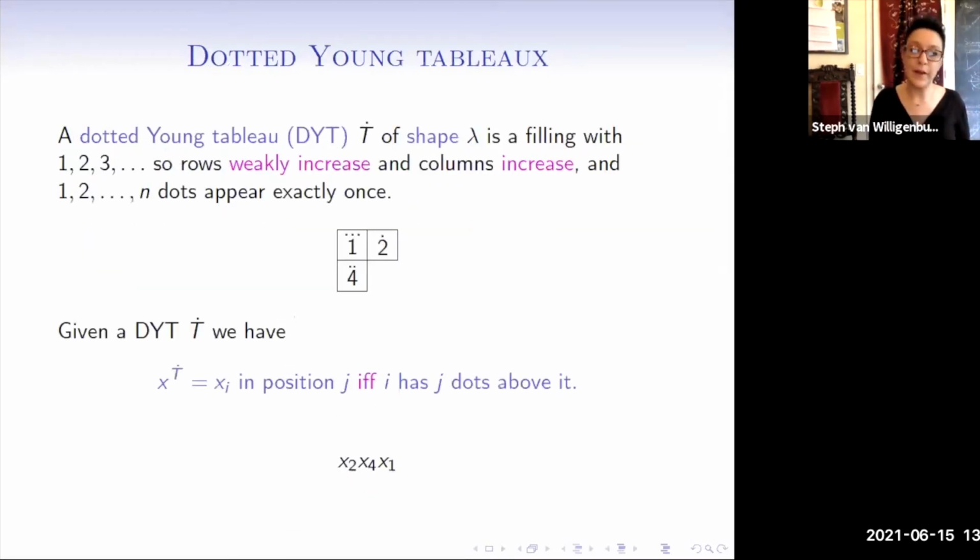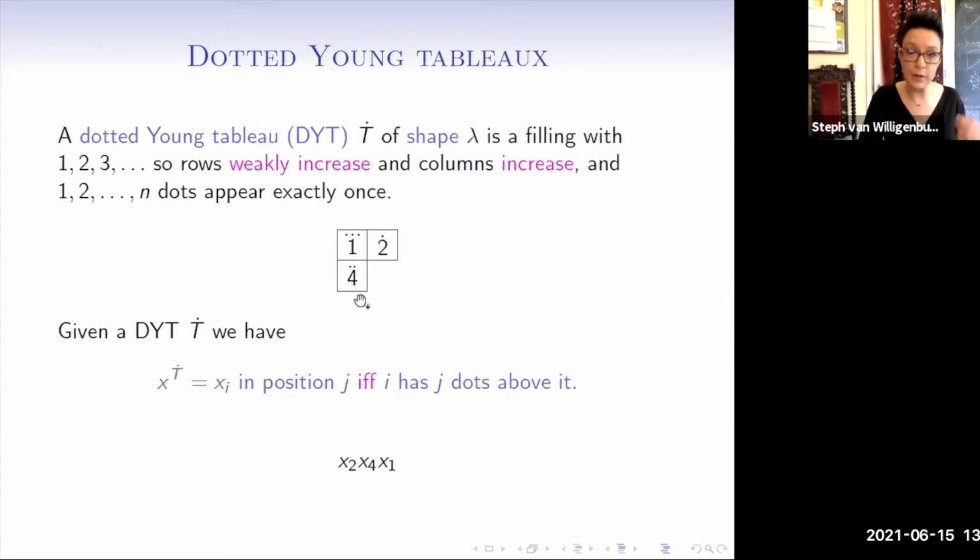And then with this in mind, we're now going to make dotted Young tableau. And so we say a dotted Young tableau of shape lambda is going to be a filling of the boxes with the numbers 1, 2, 3, and so on. So the rows weakly increase as we read them from left to right, and they strictly increase as we read them from top to bottom.